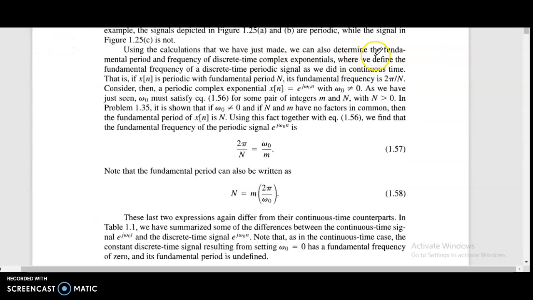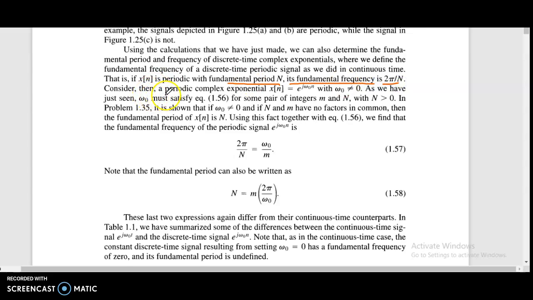We can also determine the fundamental period and frequency of discrete-time complex exponentials, where we define the fundamental frequency of a discrete-time periodic signal as we did in continuous time. That is, if x[n] is periodic with fundamental period N, its fundamental frequency is 2π/N.